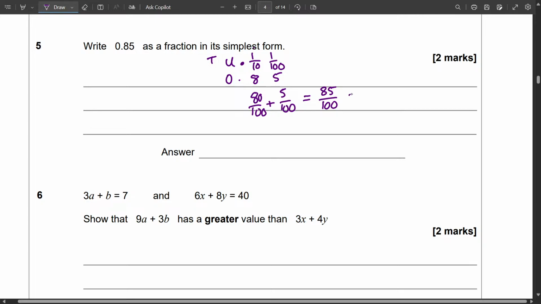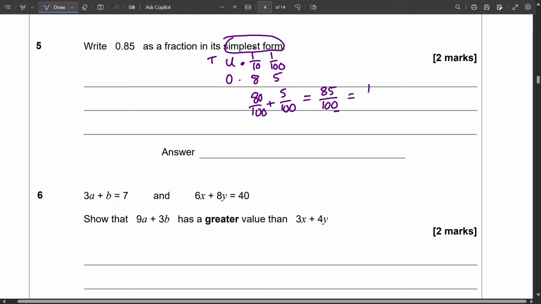Now we can change that into a simplified fraction. You get 1 mark because remember it has been given to you here that you must write it in the simplest form. So you need to simplify it. If a number ends with 5 or 0, you can always divide it by 5. So how many times does 5 go into 85? I would generally do 8.5 and double it.